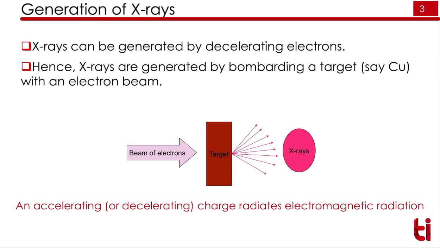To fill that gap, an outer shell electron will jump to that position, and in between it will radiate some energy. That energy we call X-ray. Why is it called X? Because it does not get deflected by magnetic or electric fields.